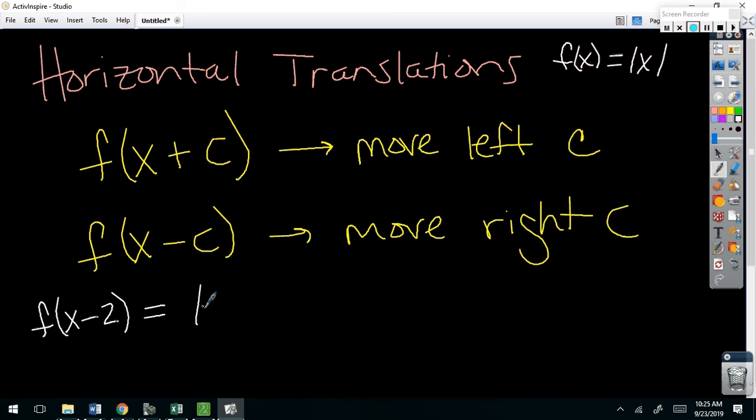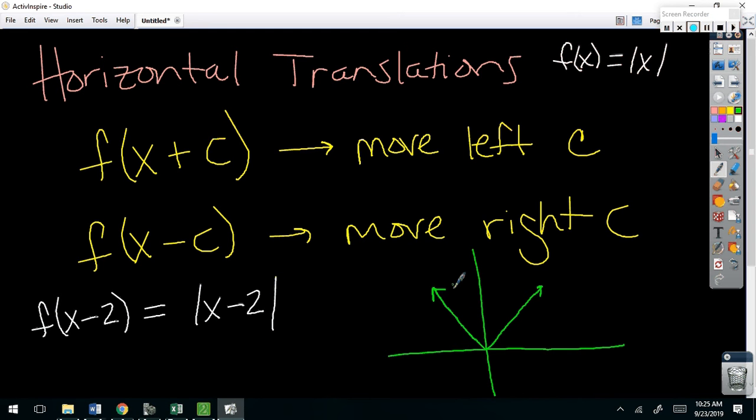That's going to look like this, not a parenthesis. Right? So it's going to take that same initial, and I'll do my initial in green again, my parent graph. And instead of shifting up and down, it's going to move to the right, to the right.